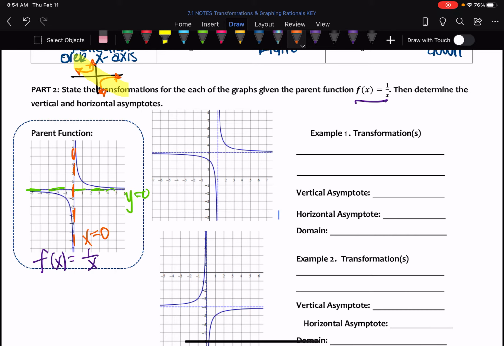Okay, so to go from the left graph to this first right one, the first thing I notice is my horizontal asymptote has gone up 3. 1, 2, 3. So I'm going to say up 3. And my vertical asymptote, I have moved to the right 1. So right 1.